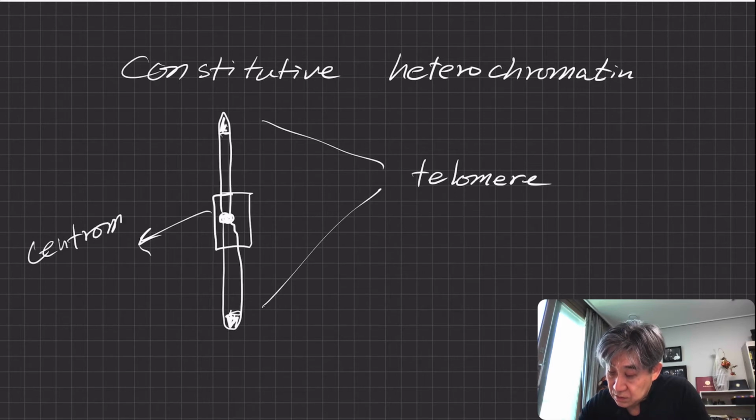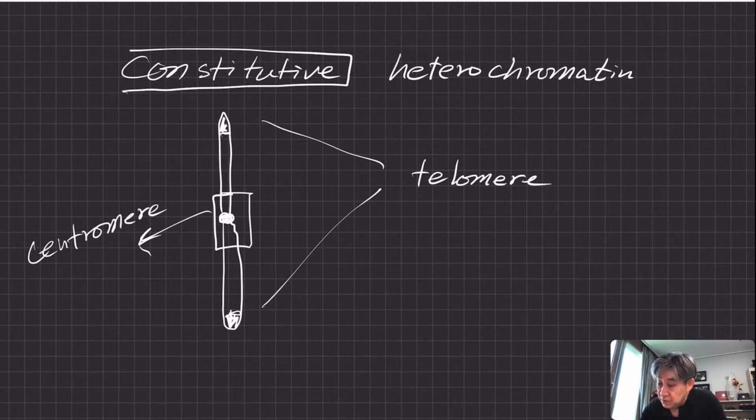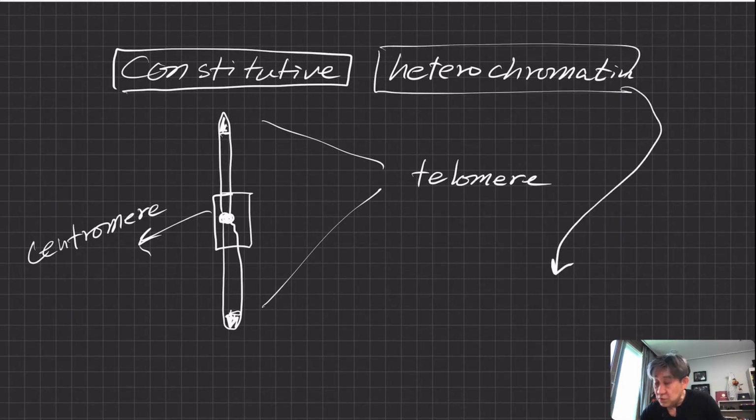These two regions are usually considered to be the constitutive heterochromatin area, where constitutive means always, 24/7, no matter what happens. Heterochromatin means the structure of the chromosome is highly condensed.